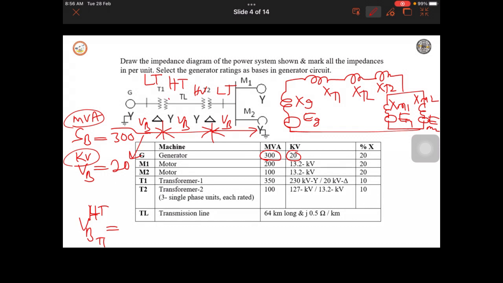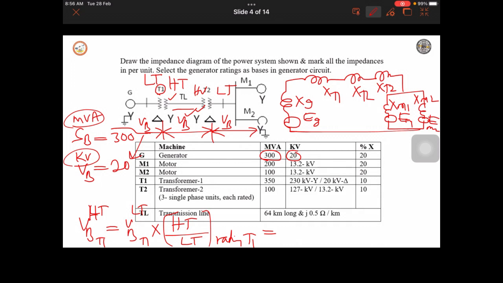So this is the HV winding, this is the HV winding. So the high voltage side is the transmission line side. So it is required to find the base voltage of the HT side of transformer 1. To find that, the formula is base voltage on the LT side of transformer 1 into HT side voltage rating divided by LT side voltage rating of transformer 1.